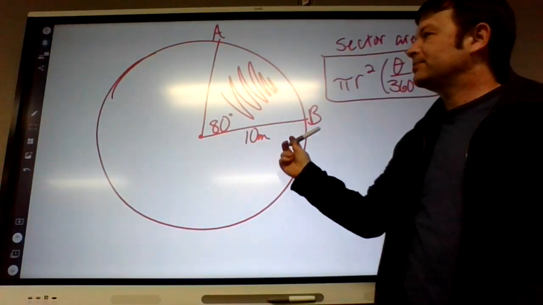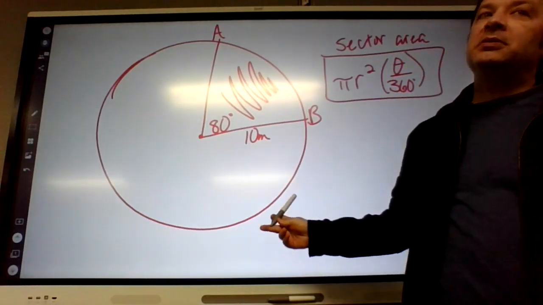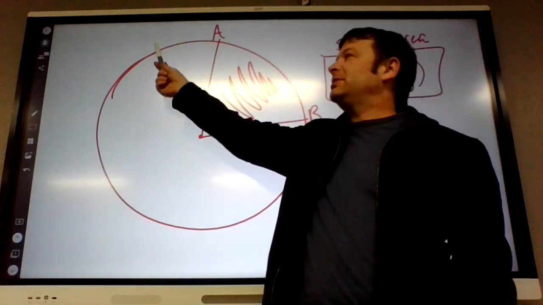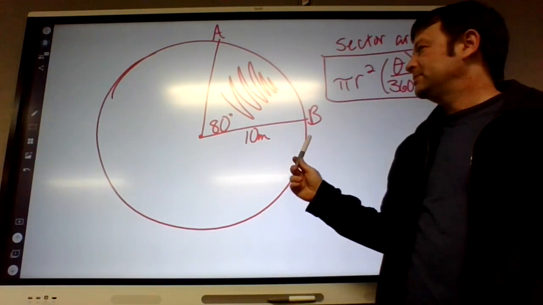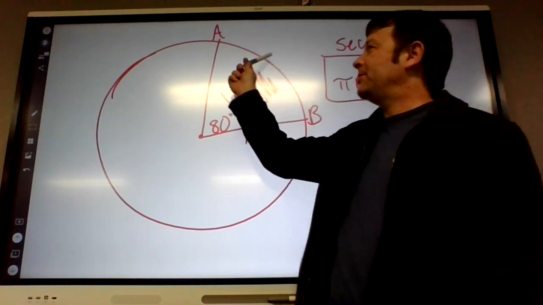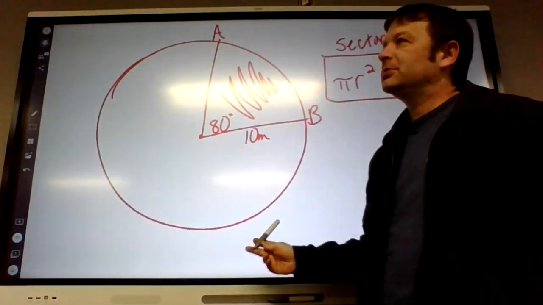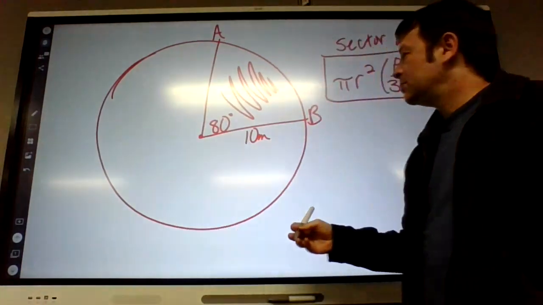The arc from here to here is a fraction of all the way around. What's all the way around? 360. The circumference.